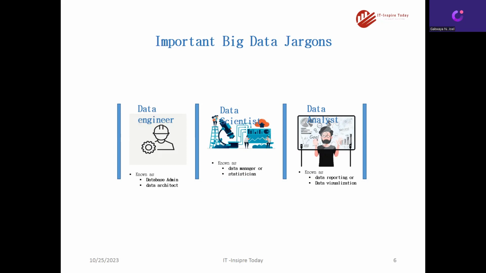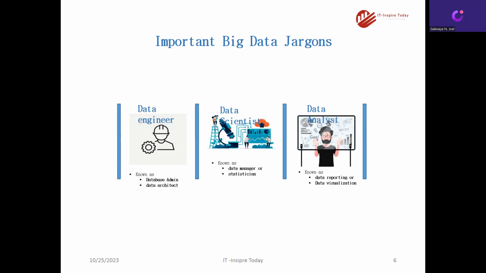Data scientists work with predictions such as machine learning or data science. Data engineers work on big data, Hadoop, or Cloudera, all these things which need to store massive data. Data analysts work on Tableau and different reporting tools.